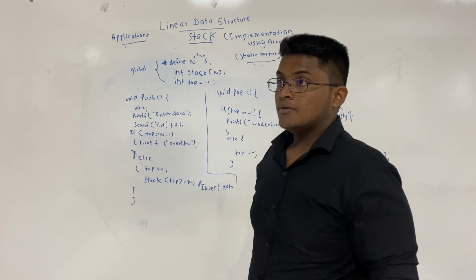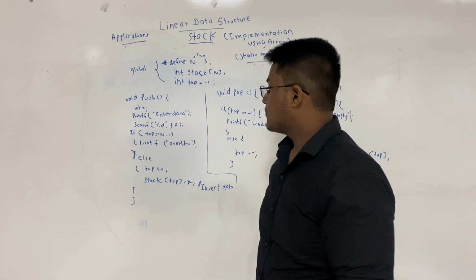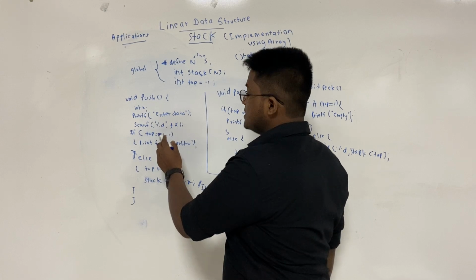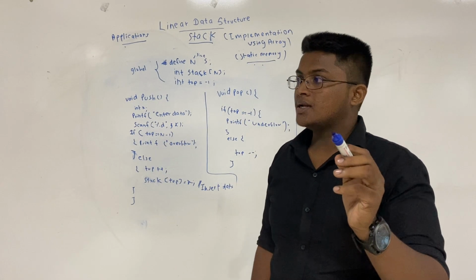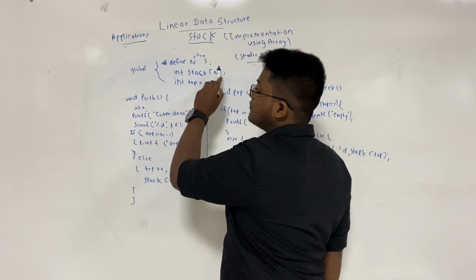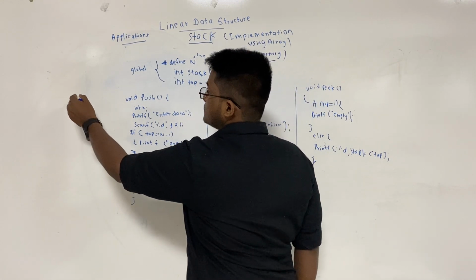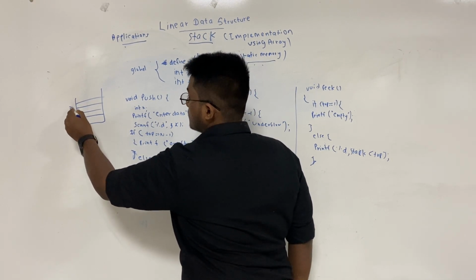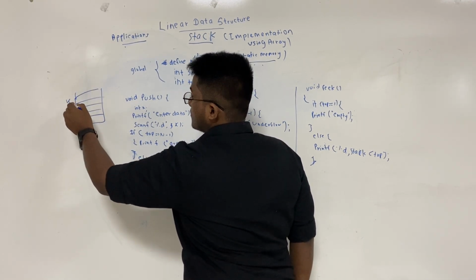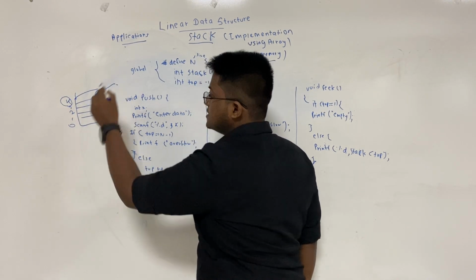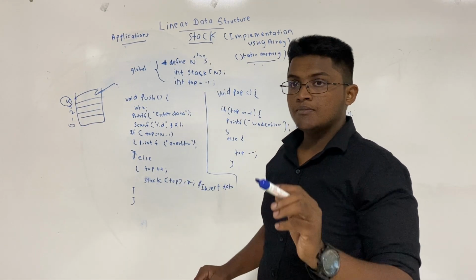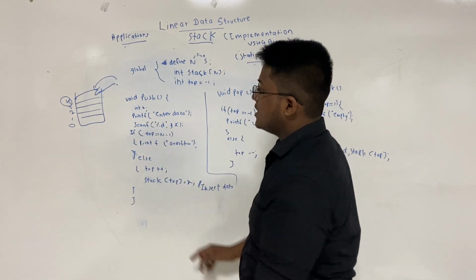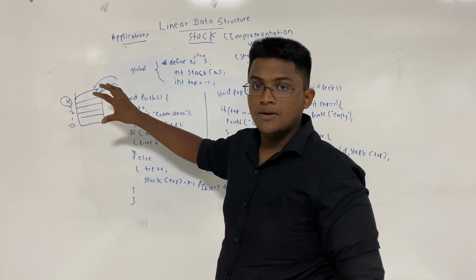We are going to check a condition, which I previously told you about: if top is equal to n minus 1. What does n minus 1 mean? N is 5, and 5 minus 1 means 4. Remember that we are going to insert, so we are checking whether the stack is full.